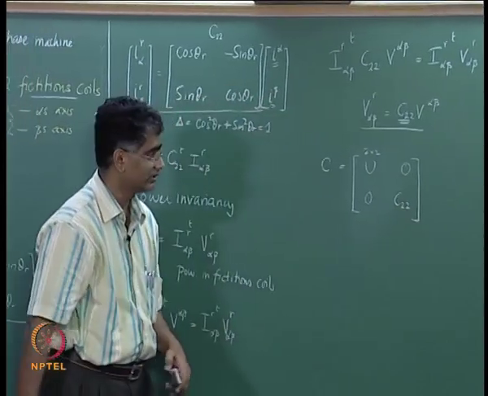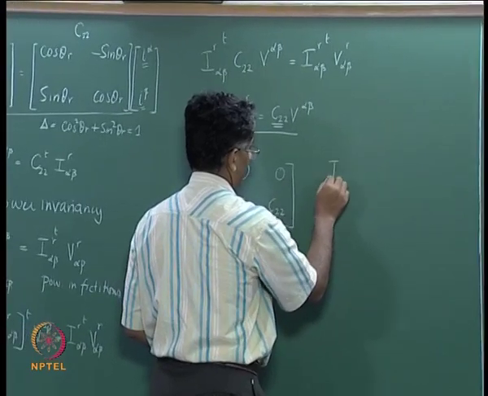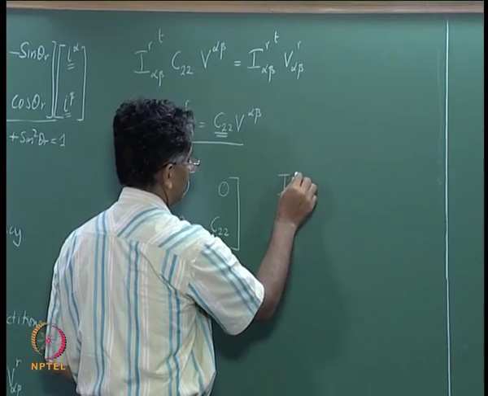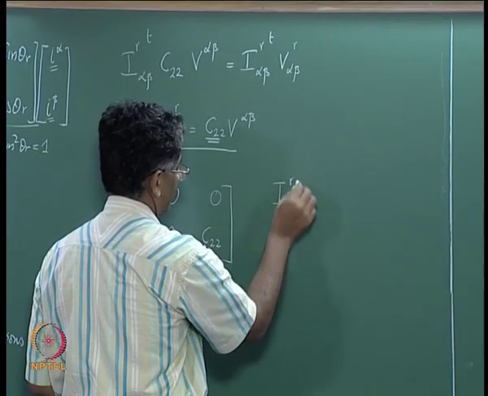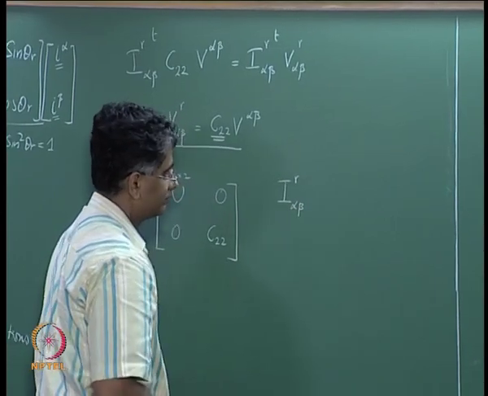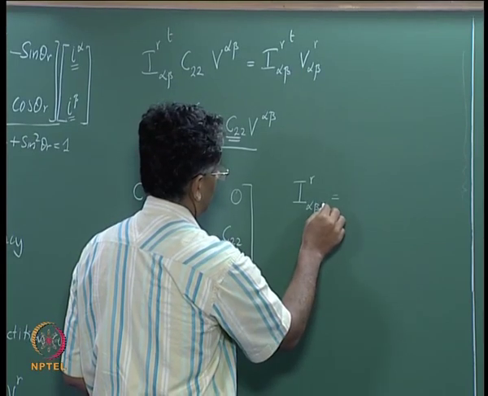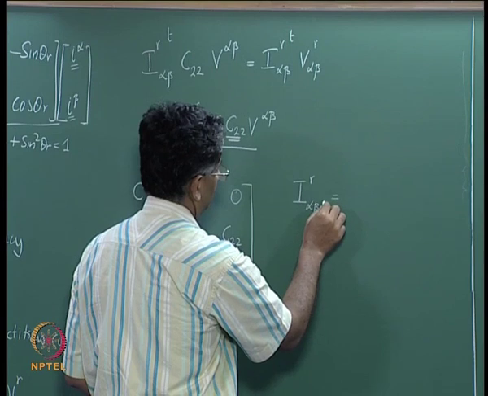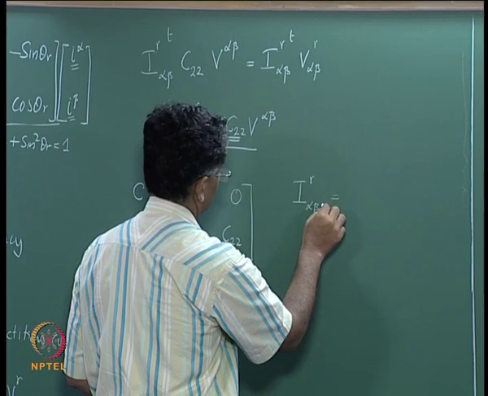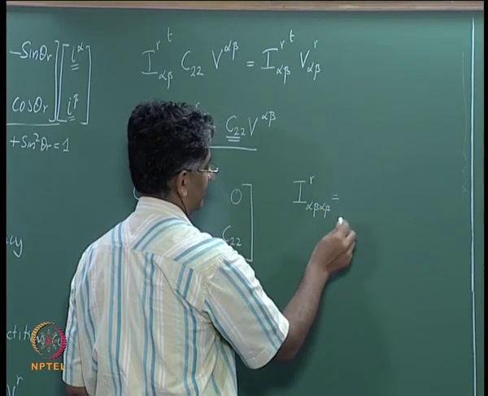So, having defined this, we can now define these two, that is I R alpha beta, equals alpha beta of the rotor and alpha beta of the stator.